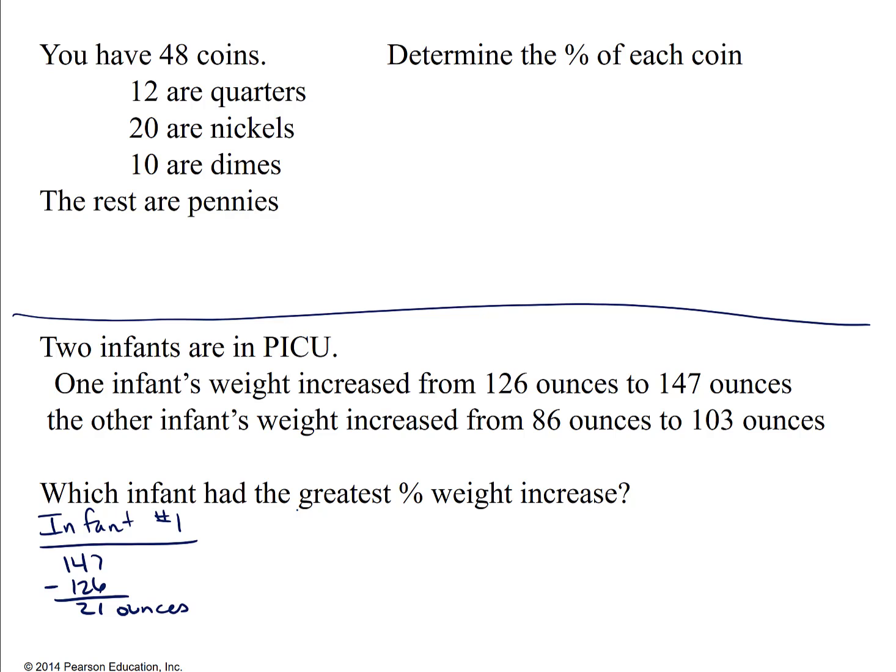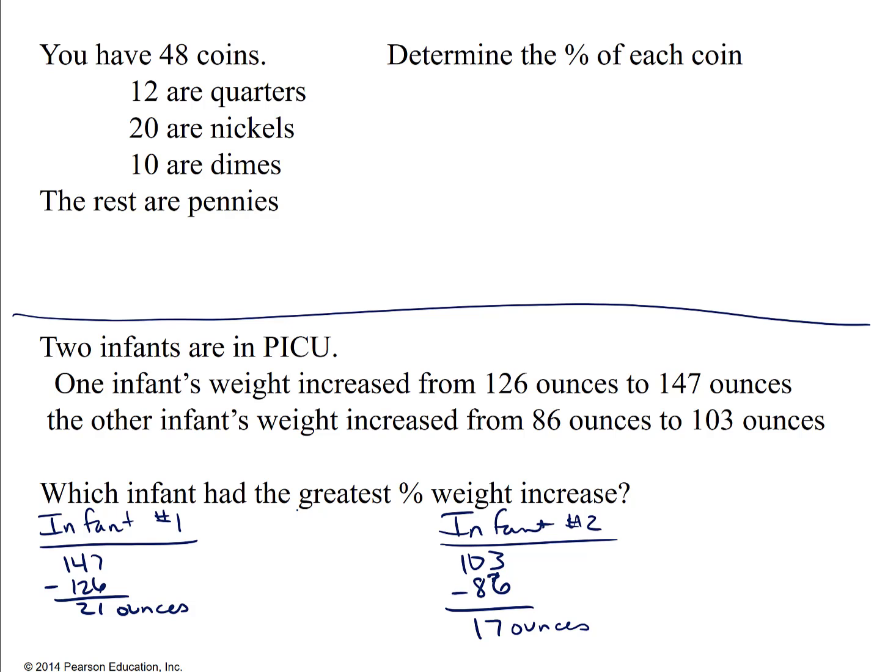So you see the difference. So it's asking the difference of those two numbers. Baby number 2, what was it? So 103 minus 86 is 17 ounces.